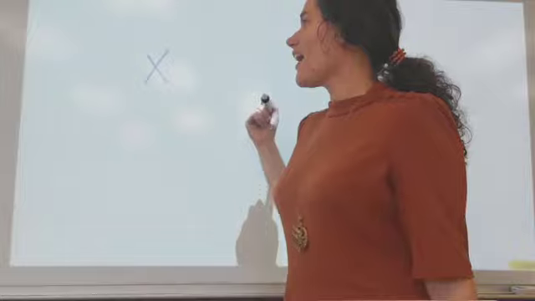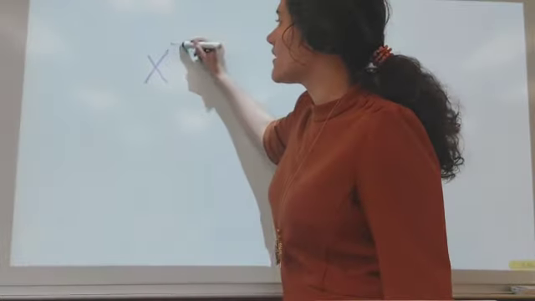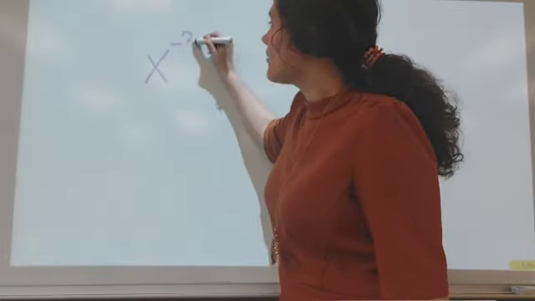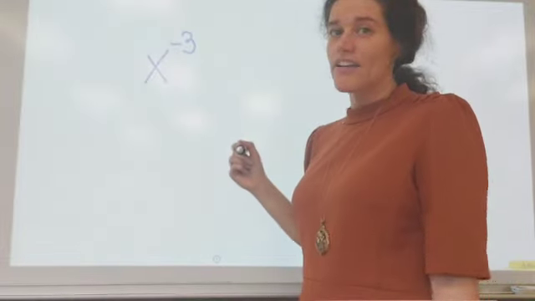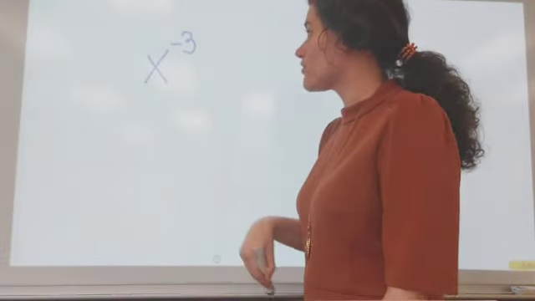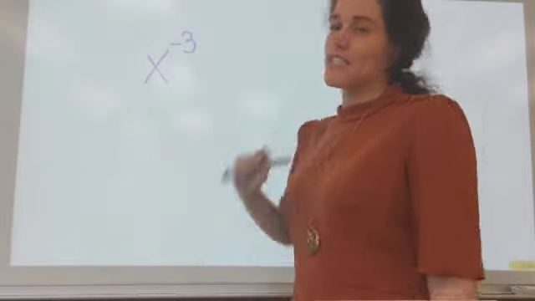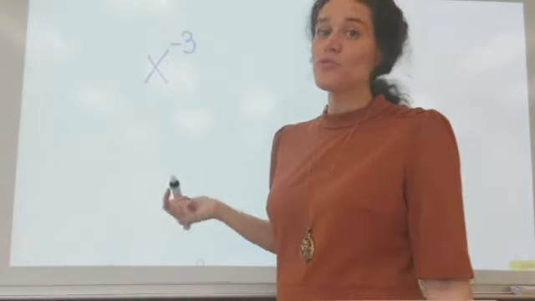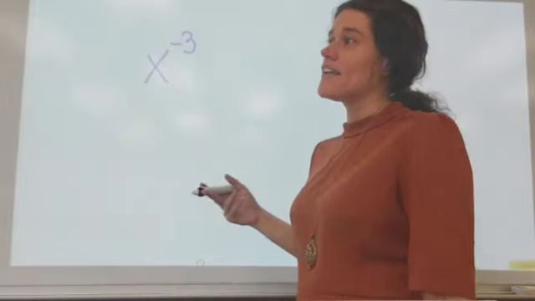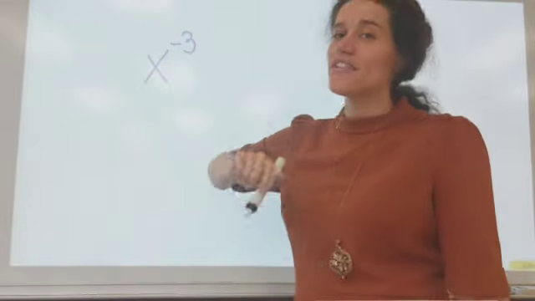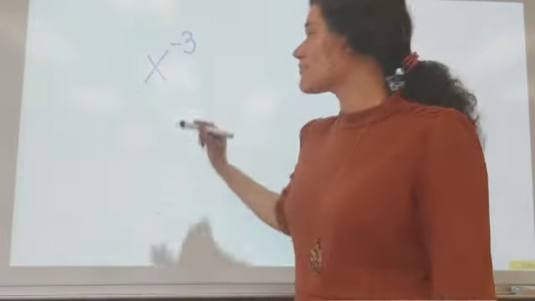And I have a negative exponent here of negative 3. X is being raised to negative 3 in this case. So when an exponent is negative, what we usually like to think about is that this is telling me that it's on the wrong floor.